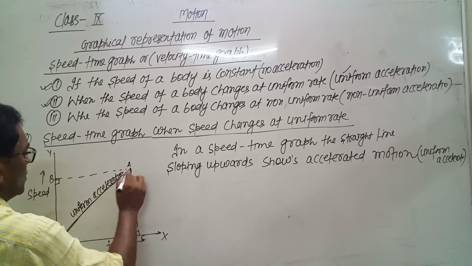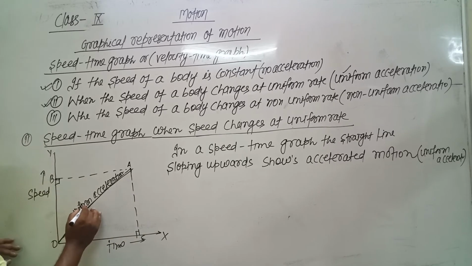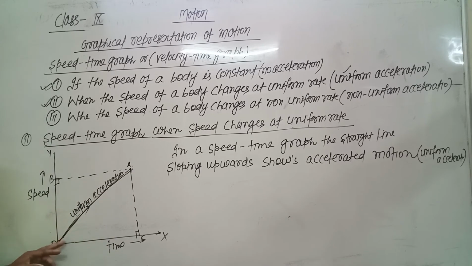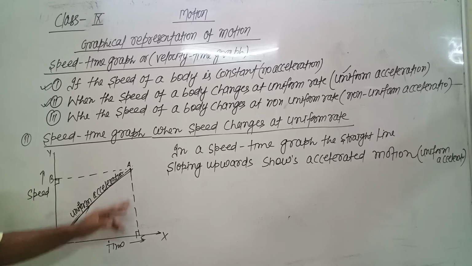This is the slope upwards. The graph goes from bottom to top, means its slope is sloping upwards, going from bottom to top.